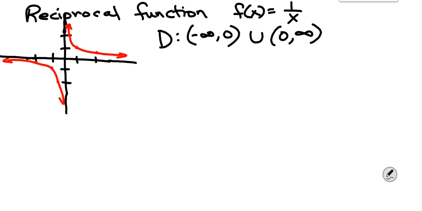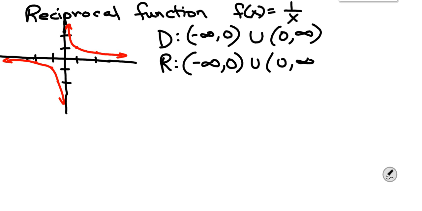That's the way we say all real numbers except 0. The y-axis, same thing, -infinity up to when I get to 0, there's nothing there, but then as I go up there, I will have it again. So the range is the same, from -infinity to 0, union with 0 to infinity.